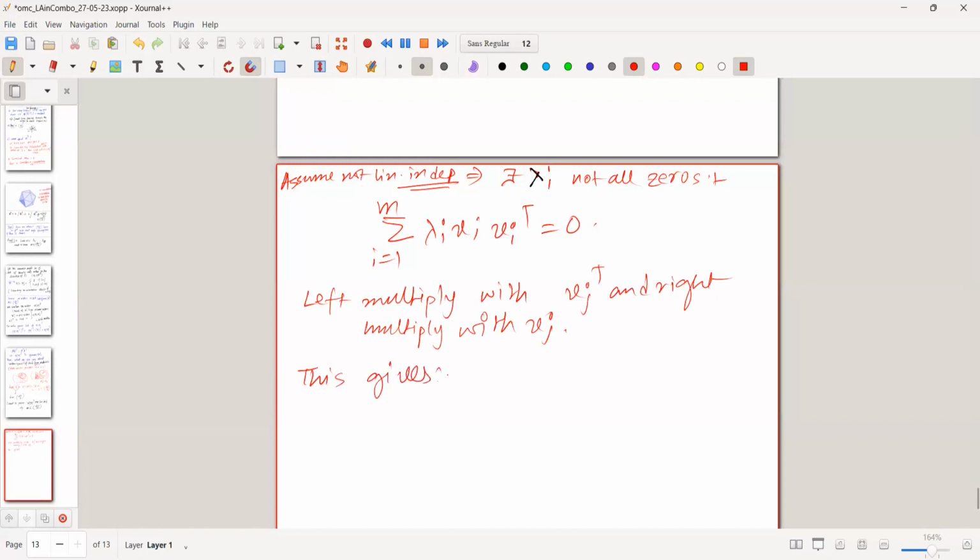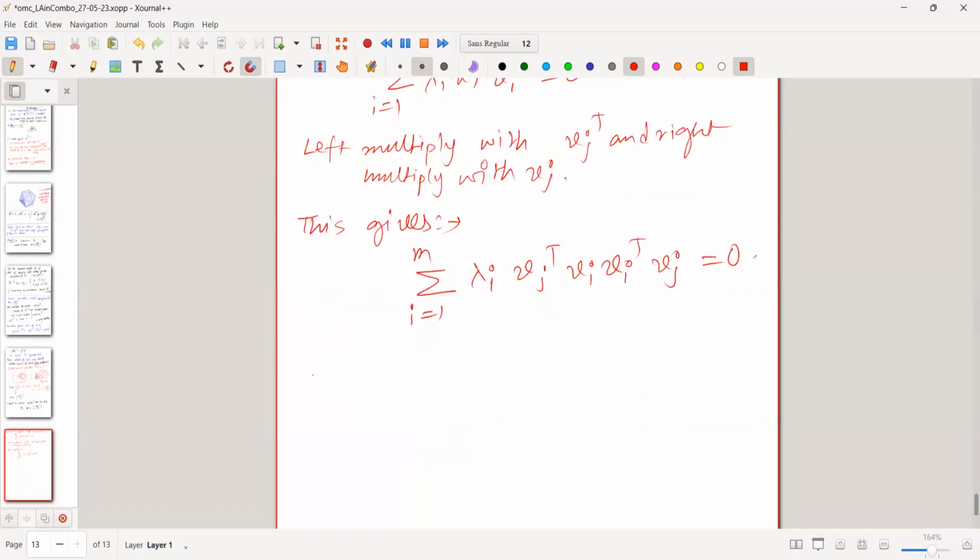This gives a sum equal to 0. But note that, what is vj transpose dot vi? What is this value?